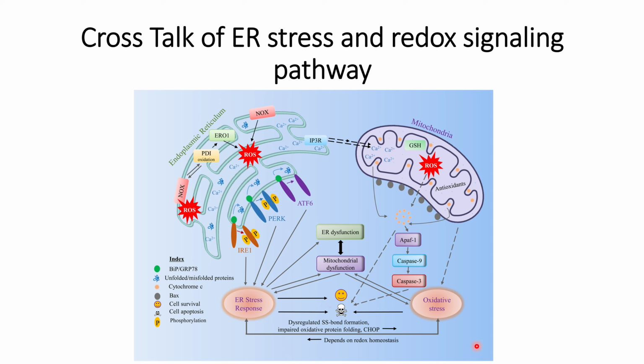But if the ER stress and oxidative stress cross beyond the limit, then it might lead to cell apoptosis, and this apoptosis signal will also be aggravated by the pro-apoptotic factors released by mitochondria.